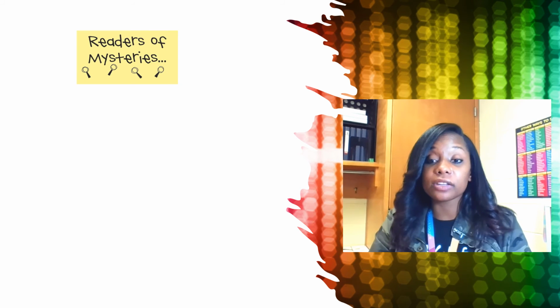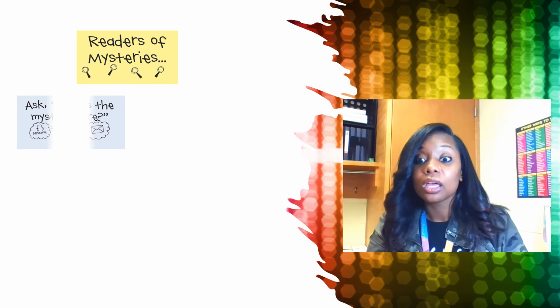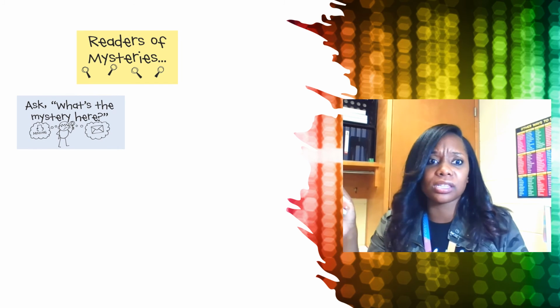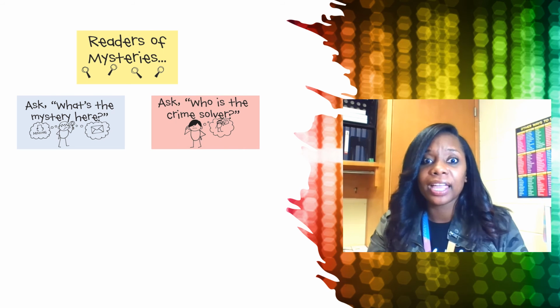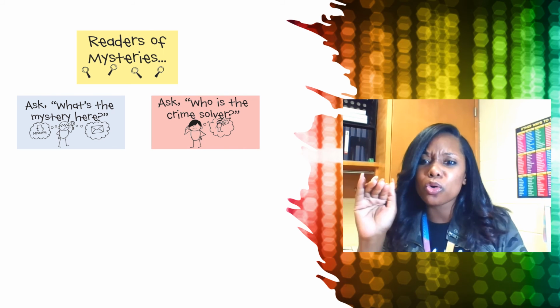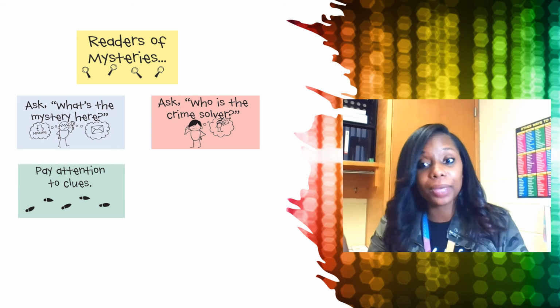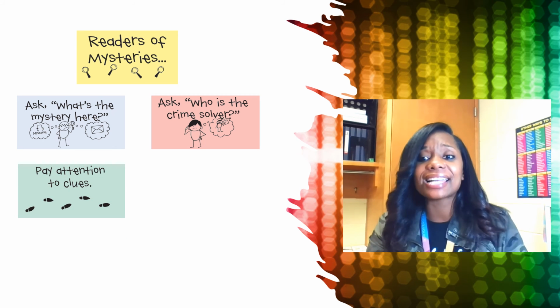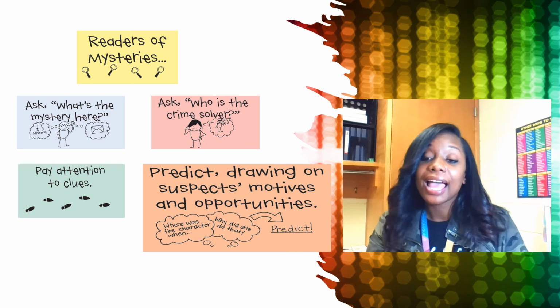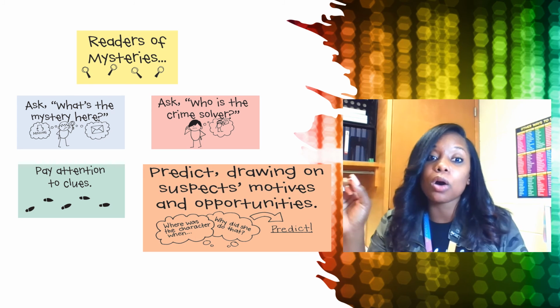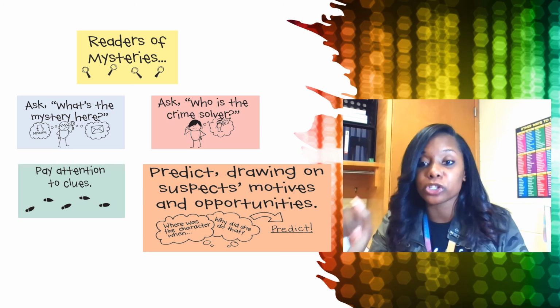So readers, we have been learning that readers of mysteries do a couple of things while we're reading. The first thing we do, we ask ourselves, what's the mystery here? Then we ask, who is the crime solver? We begin to pay attention to clues, and today we learned how to predict and draw on suspects' motives and opportunities.